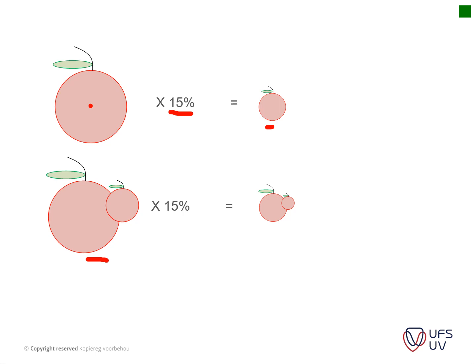So your original amount is the original amount plus the 15%, and thus if you times this with 15%, you end up with 15% plus your original amount that you times it with. So you're not ending up with only the 15%. This item already includes 15%, so if you times it with 15% again, you're including this little 15% already in the calculation. So let me just go to the next slide.